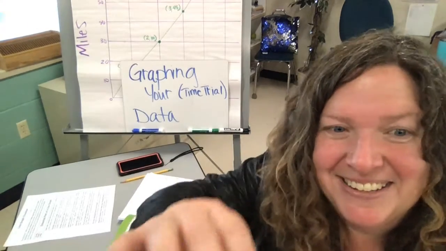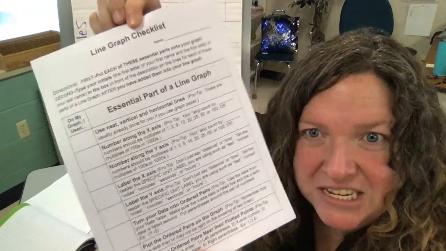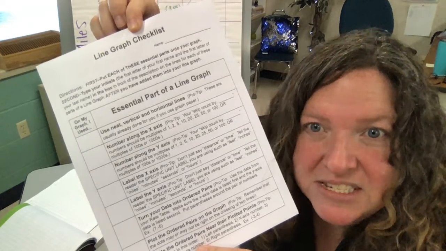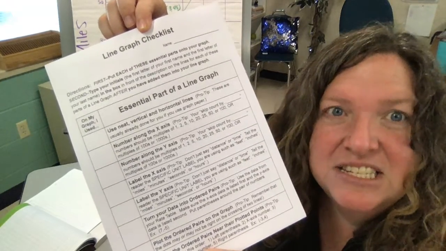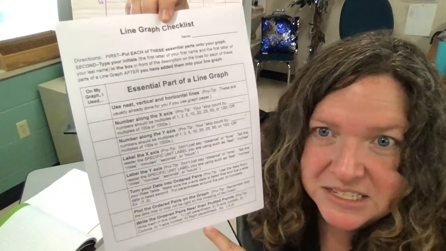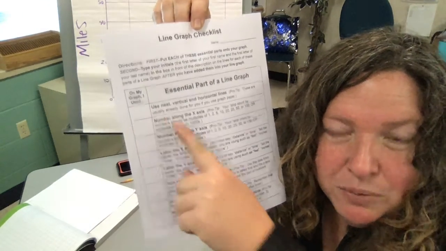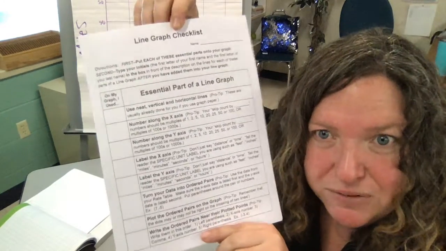Either one is fine. The next thing you need, again, I printed this out so we can see it easier, so I can hold it up, but this is in your Google Classroom. This is your assignment for today. It's the checklist. We are going to do all of these things, and then you're going to go back through and put your initials. Remember, it's the first letter of your first name, first letter of your last name.